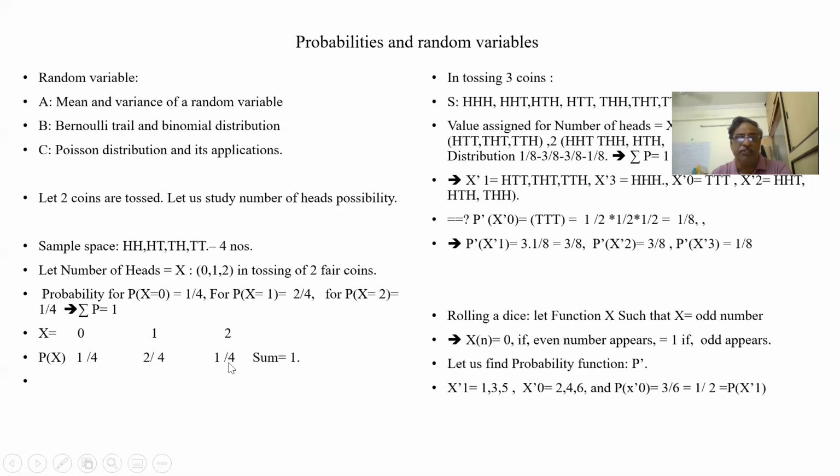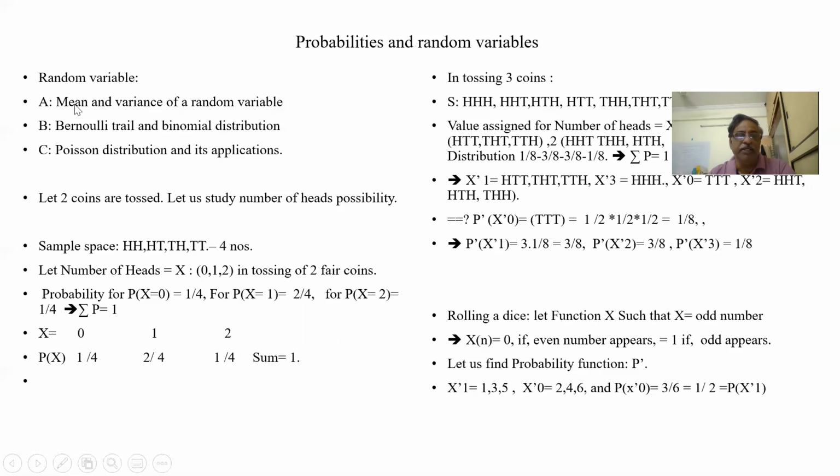If you take these as frequencies, frequency 1, frequency 2, frequency 3, and this is xi, what is the sum of the frequencies? The sum of the frequencies is 1. Earlier in our mean, mode, median, the sum of the frequencies was n, so sigma fi xi by n is the mean.